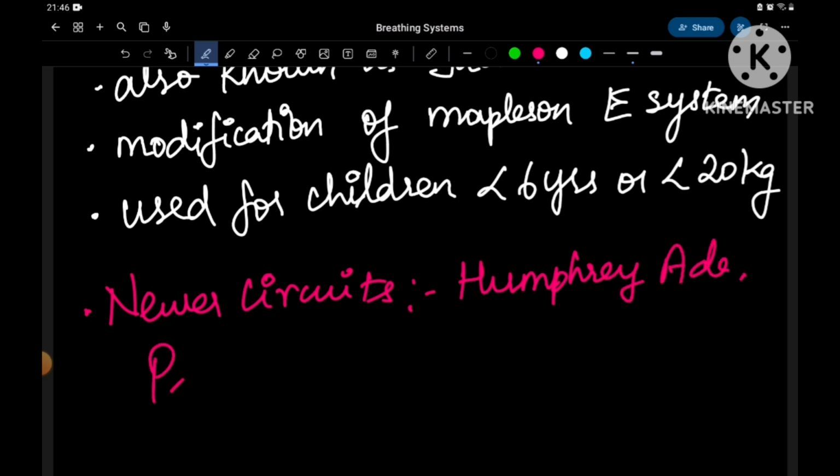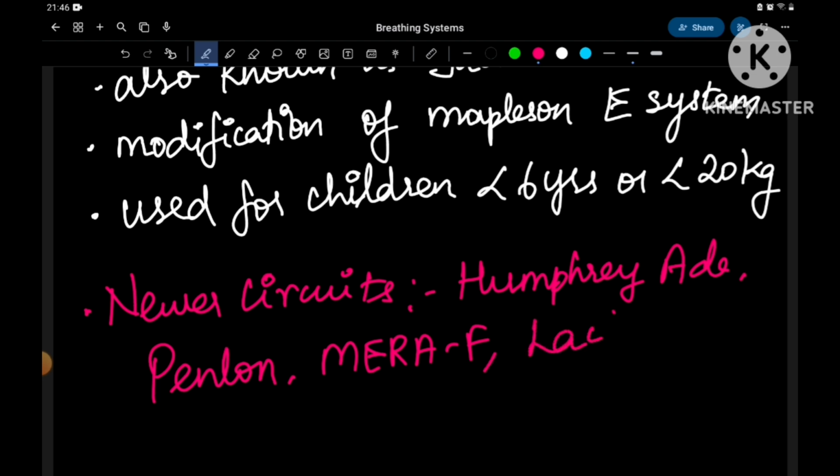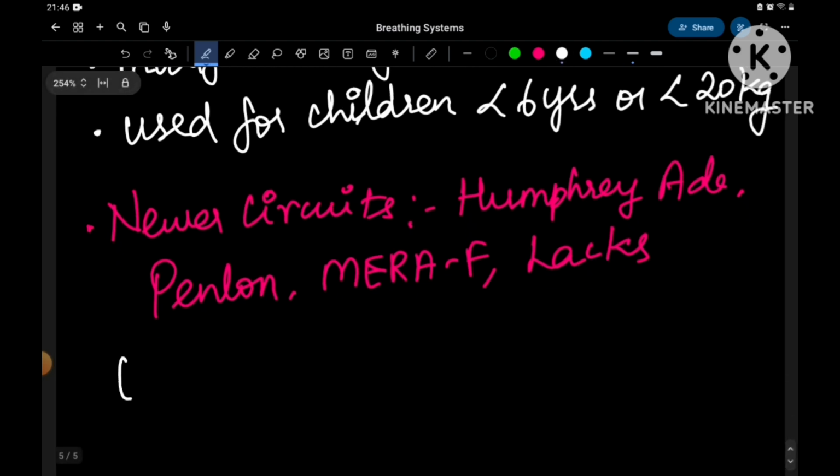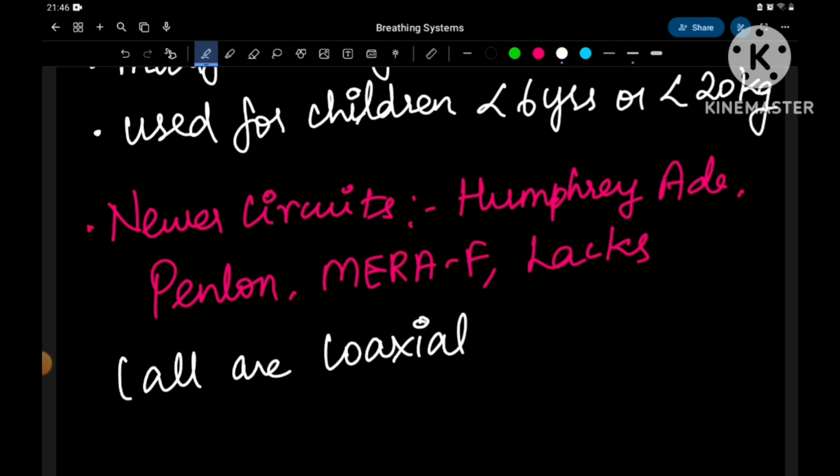Next, Penlon. Next, Mera F. Next, Lack. What we saw in MAPLESON type A, modification of MAPLESON type A. What are all these? These all are coaxial circuits.